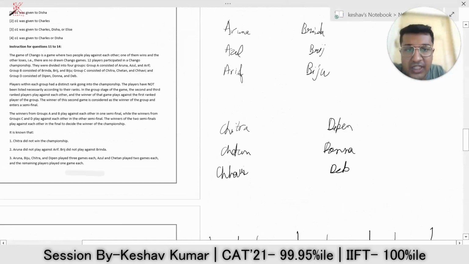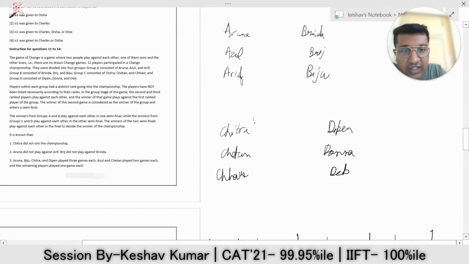Chitra did not win the championship, so I'm just going to write C cross. Aruna and Arif did not play against each other, and Bridge and Brinda did not play against each other.